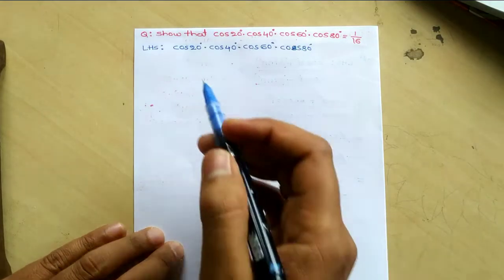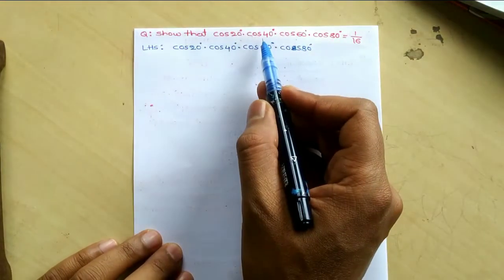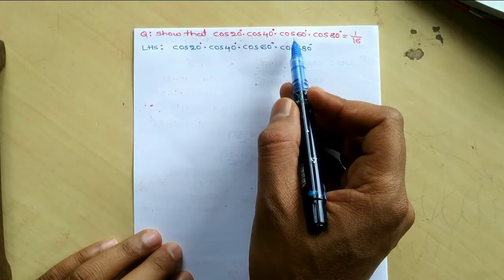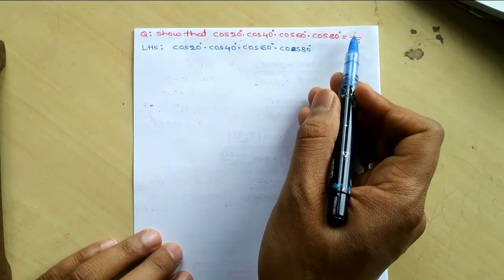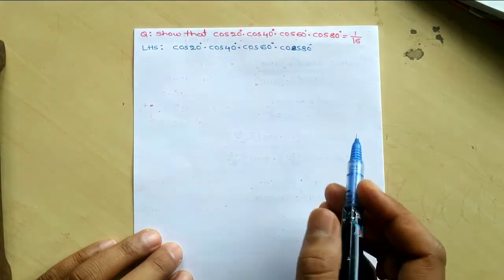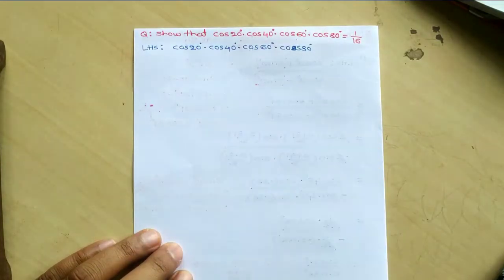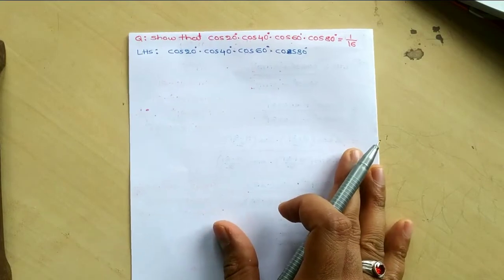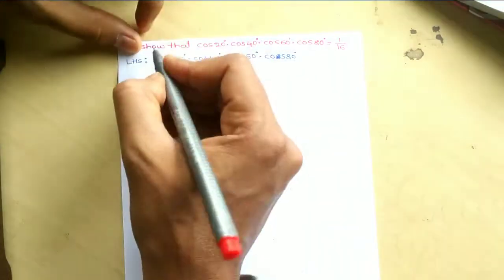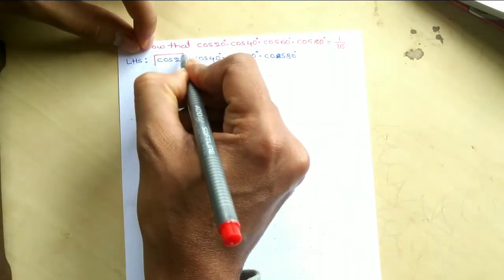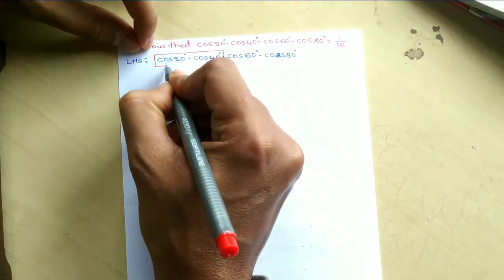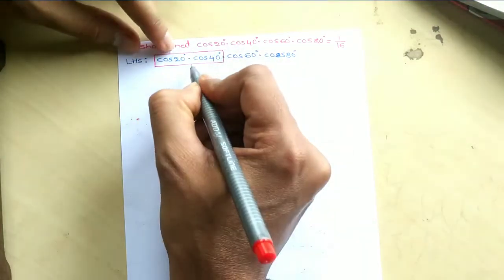So next question. Show that cos 20 cos 40 cos 60 into cos 80 degree is equal to 1 divided by 16. So first take the left hand side. In this left hand side, for these two I am going to apply the transformation formula. So which one?